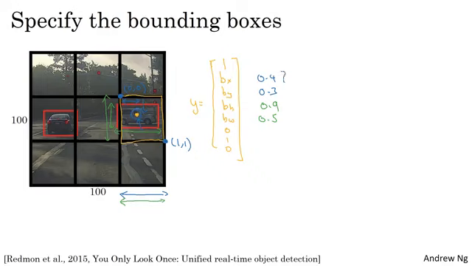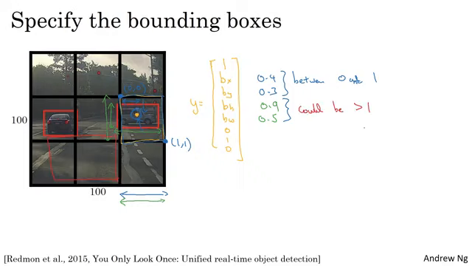And so bx and by have to be between 0 and 1, because pretty much by definition, that orange dot is within the bounds of the grid cell it's assigned to. If it wasn't between 0 and 1, if it was outside the square, then it would have been assigned to a different grid cell. But bh and bw could be greater than 1. In particular, if you had a car where the bounding box extended beyond the cell, then the height and width of the bounding box could be greater than 1.